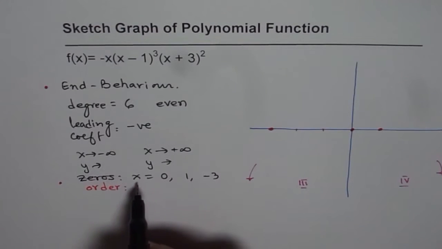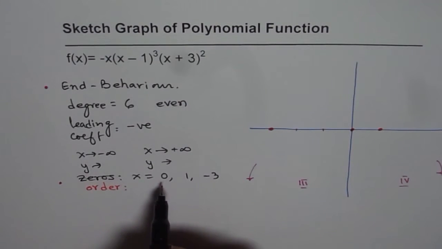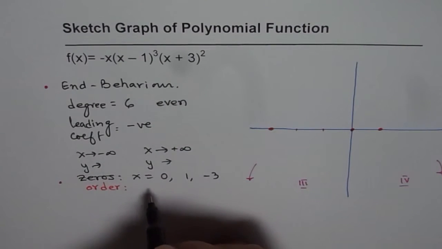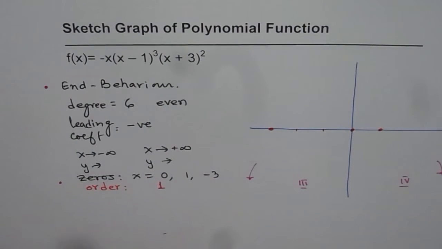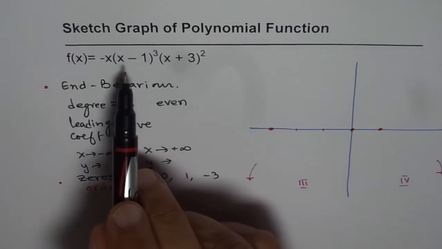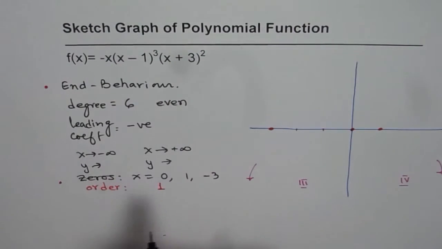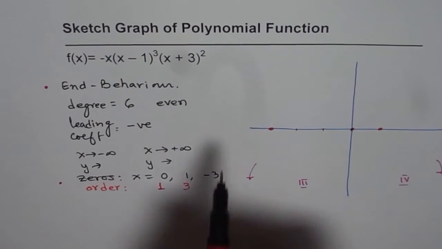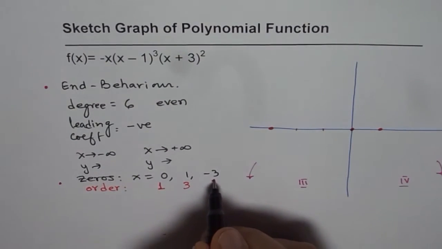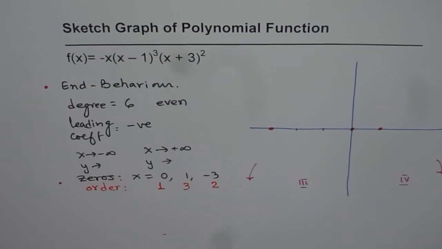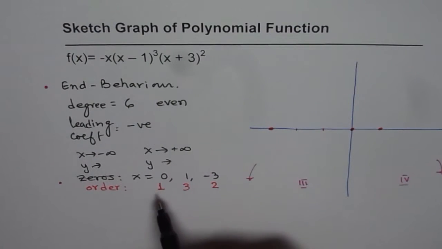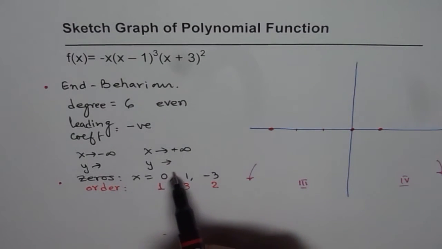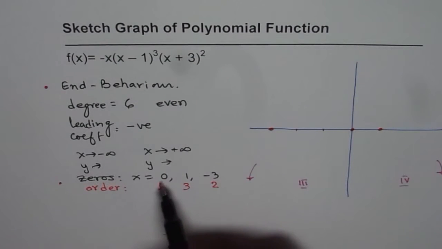The first zero, at x equals 0, is linear in nature, so its order is 1. The second one, at x equals 1, has order 3, so it's cubic. And the third one has order 2. When we say it's a linear zero, that means it will cross the x-axis like a line.